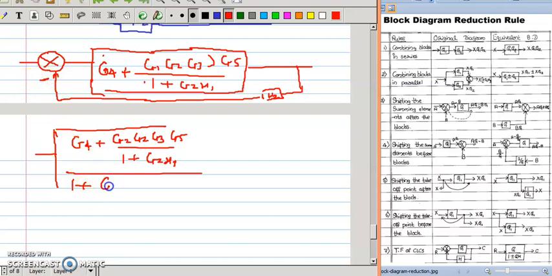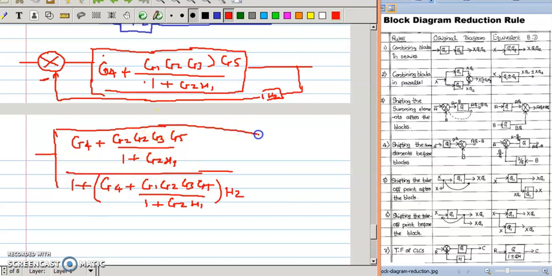So plus the forward block, that is G4 plus G1, G2, G3, G5 divided by 1 plus G2 H1, into the feedback element. What is the feedback element? H2. So H2 is multiplied here like this.